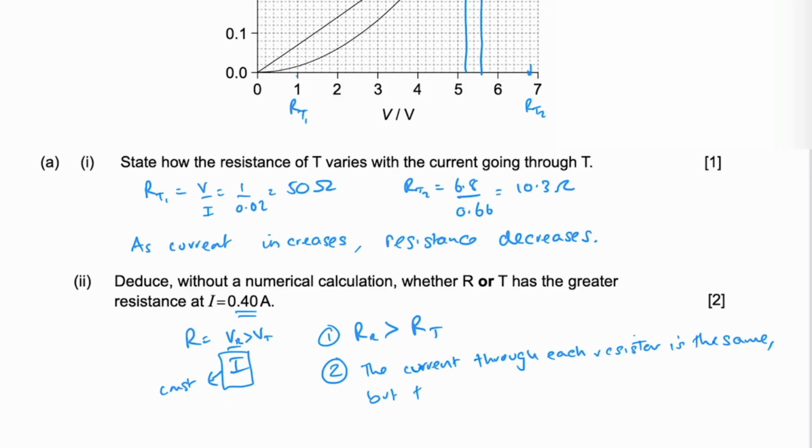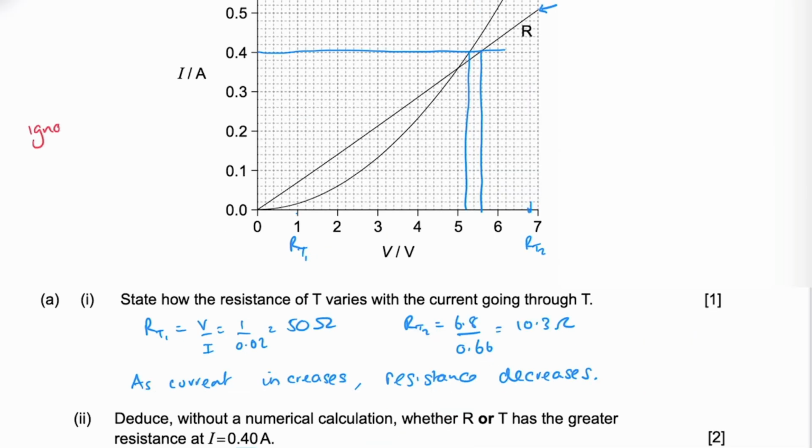But the voltage across R is greater than that across T. It's worth noting again, and I'm going to actually draw this in red, the mark scheme says ignore reference to gradient.